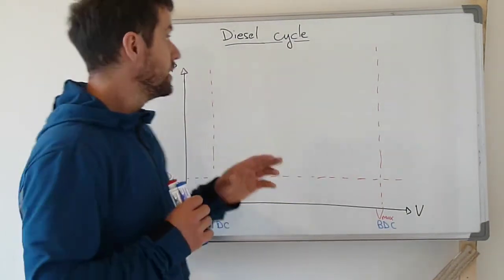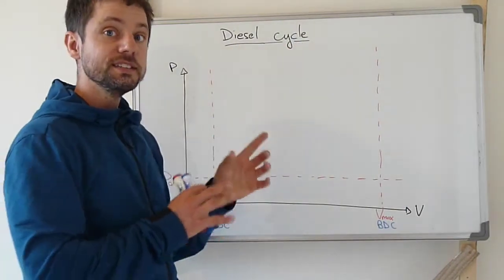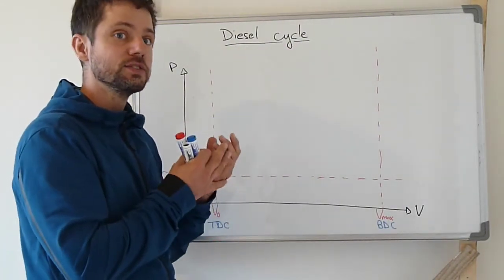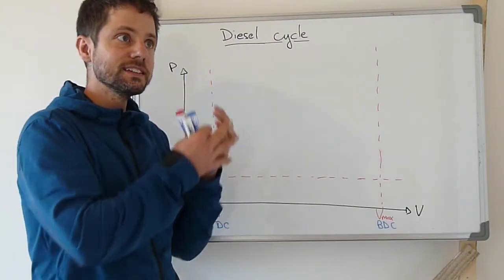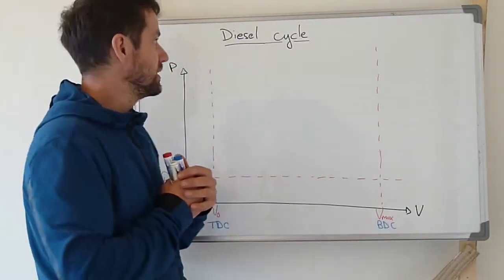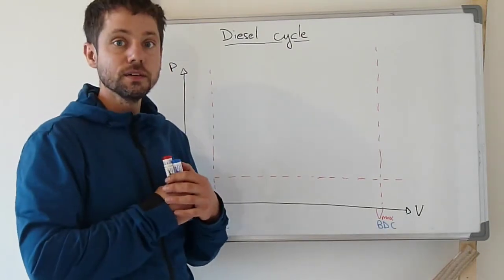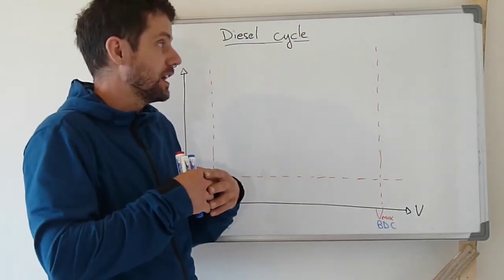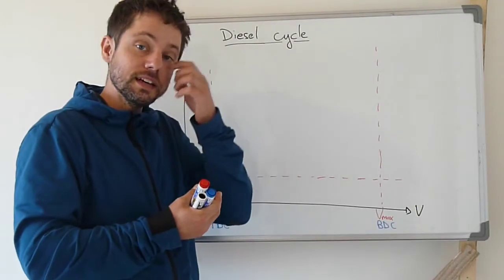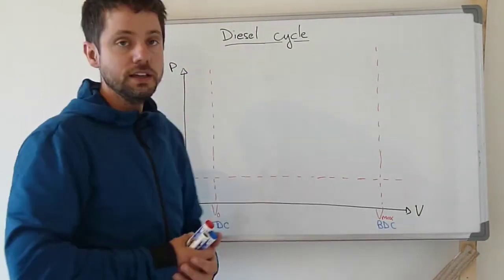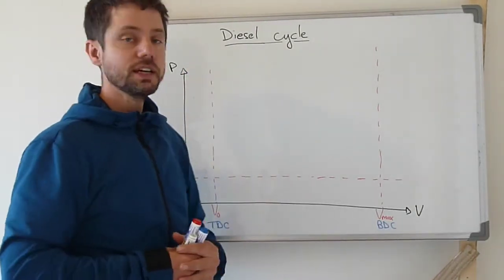But be careful, it's called diesel cycle, but it's still theoretical, so it's not describing what is exactly taking place in a diesel engine, but it's the most basic assumptions or most basic cycle in order to describe it from a thermodynamic point of view.